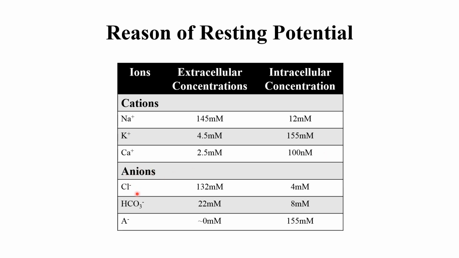The anions present along the membrane are 132 millimole chloride in extracellular material and only 4 millimole in intracellular material. The bicarbonate ions are 22 millimole in extracellular material, and they are less, about 8 millimole, in intracellular material. And then the other negative charges, like protein and phosphate, and the DNA and RNA containing phosphate.